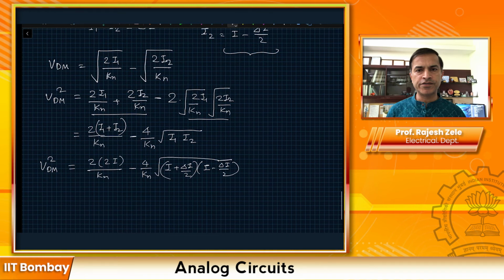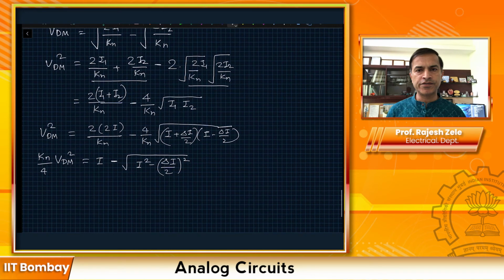Now we can solve this equation. I'm going to get Kn divided by 4 on this side, which will give me Kn over 4 times VDM squared equal to I minus the square root of I squared minus delta I by 2 squared. A plus b multiplied by a minus b gives a squared minus b squared, so that's what this formula is.